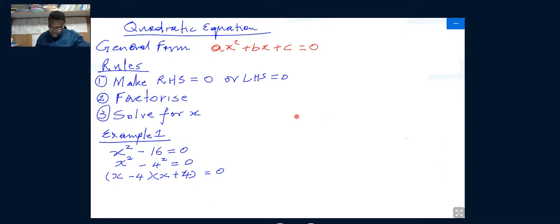The sign is going to be positive or negative. It does not matter which side you put it on. And then this bracket means something. I'll show you now the meaning of this bracket.